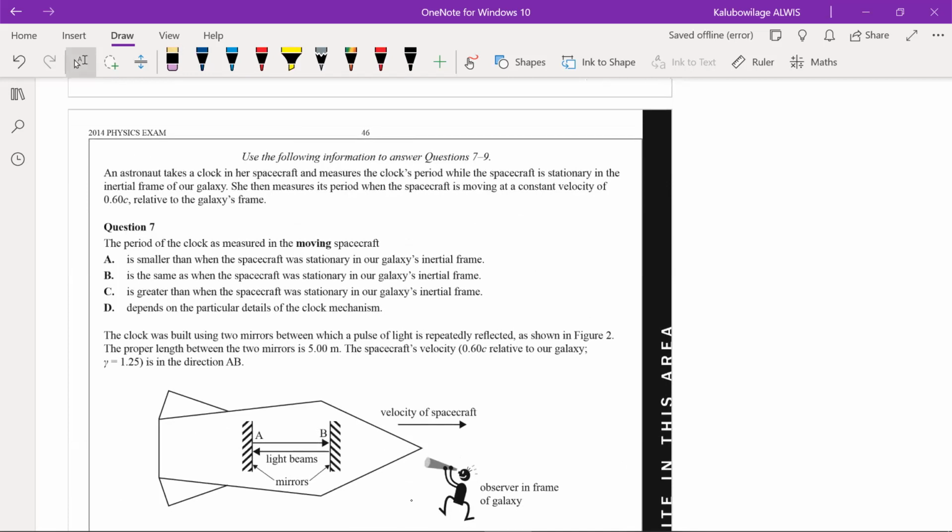Astronaut takes constant velocity of 0.6. Period of the clock as measured in the moving spacecraft should be the same. Yeah, it's the same as when the spacecraft was stationary.